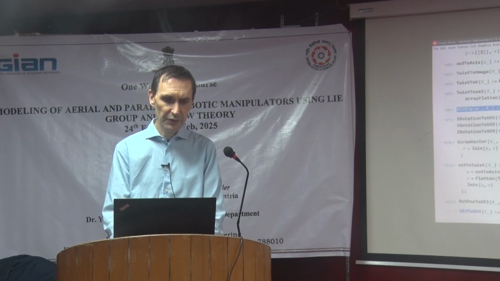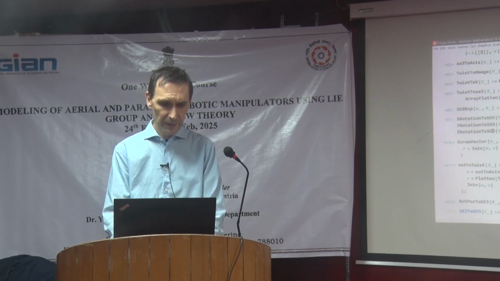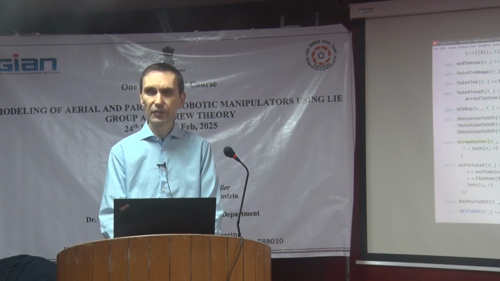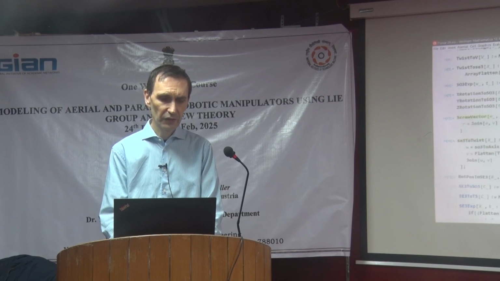Then we have functions here for elementary rotation about the x-axis, the y-axis, and the z-axis by just plugging in specific axes. Then I have this screw coordinate vector, and this is a function that takes the unit vector, the position on the axis, and the pitch. Yeah, and it does what it does.